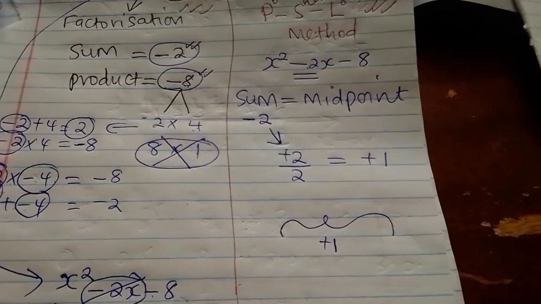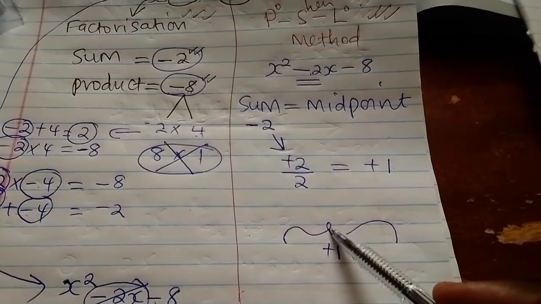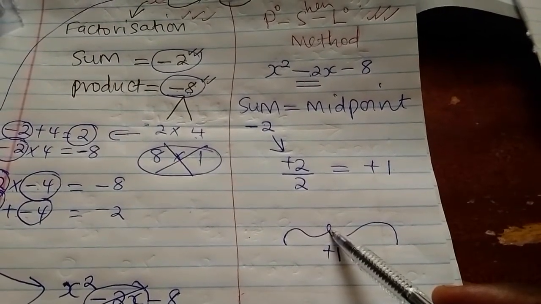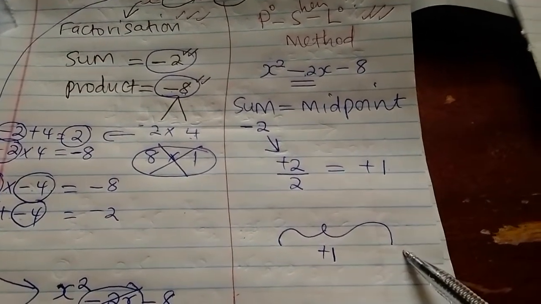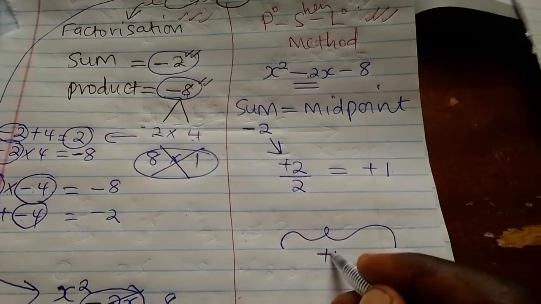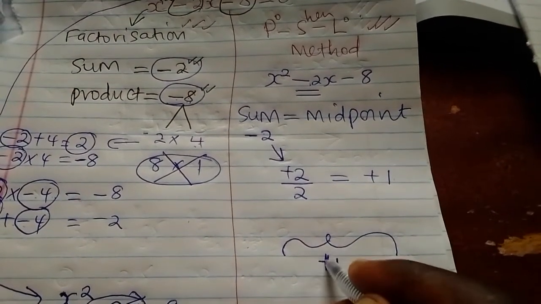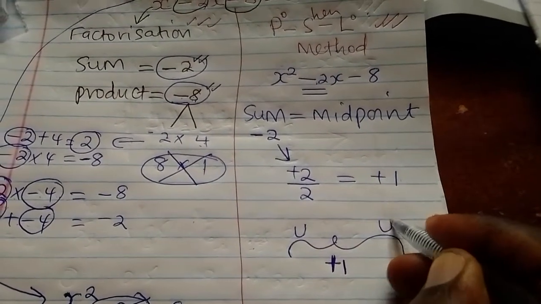See? Then I have to ensure that if this is the midpoint, I'm supposed to get something on the left and something on the right. So if this is positive 1, I can write u, the length.